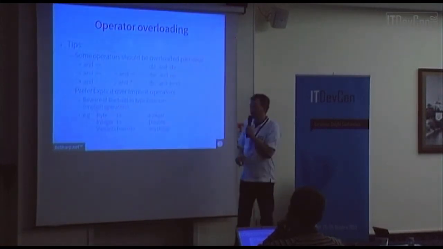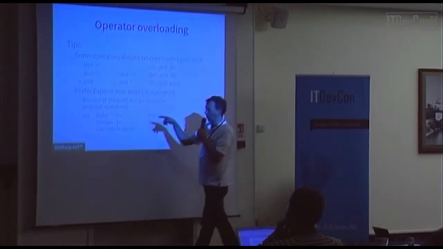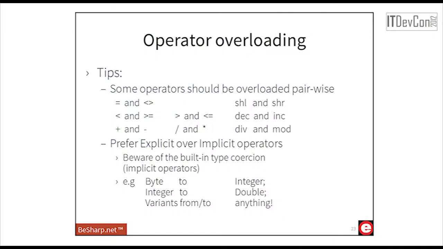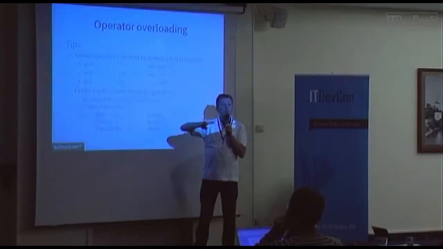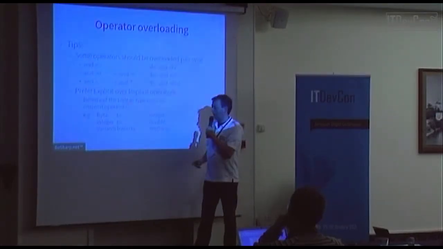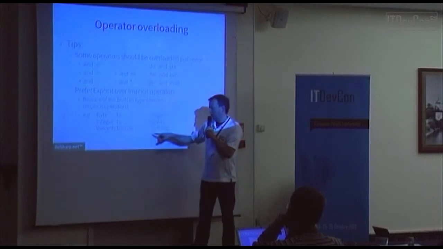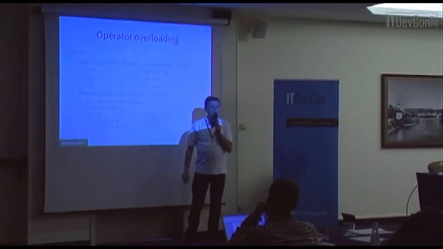What plays in the background is that the compiler automatically does a couple of implicit conversions for you. For instance, from byte to integer, or basically from a small type to an encompassing bigger type. And it does implicit conversions from variance to anything.